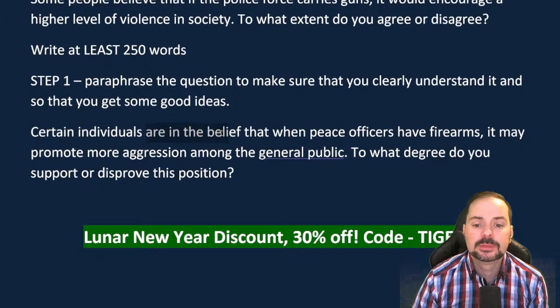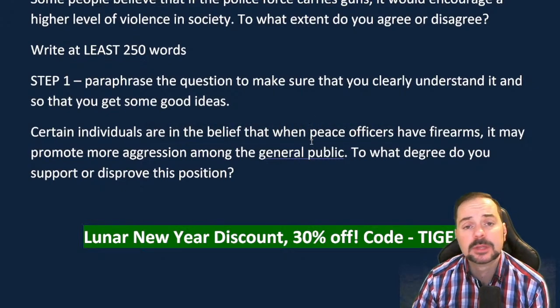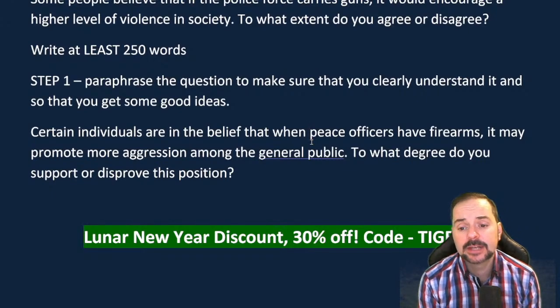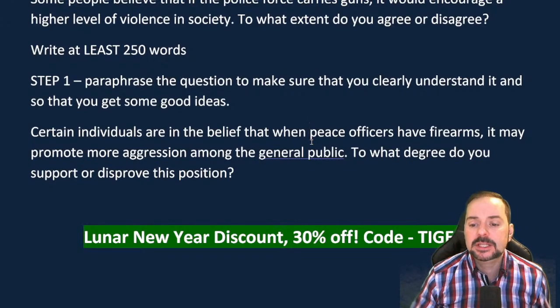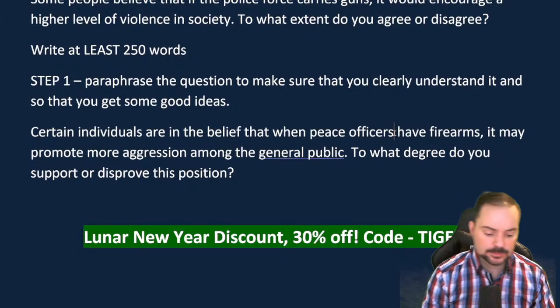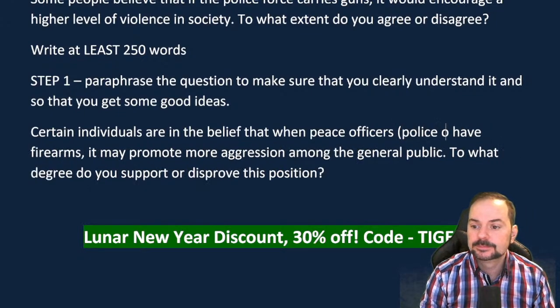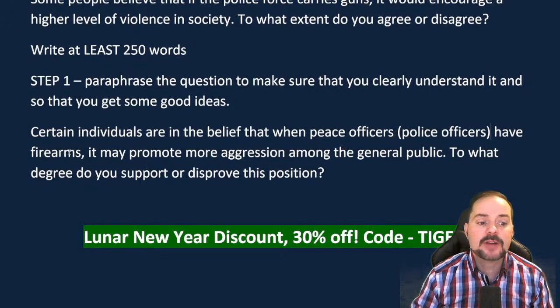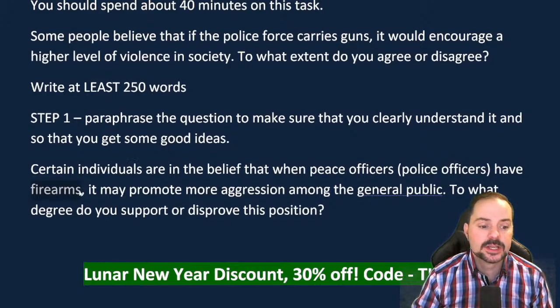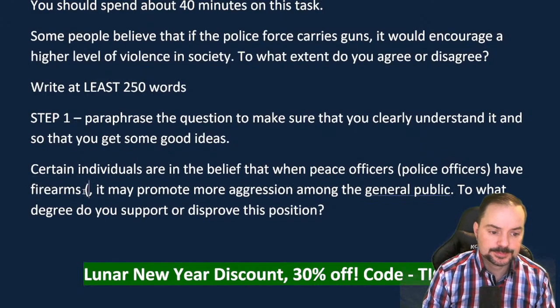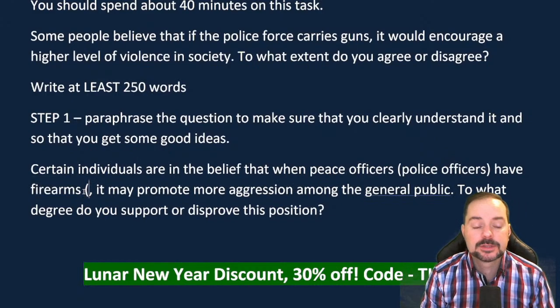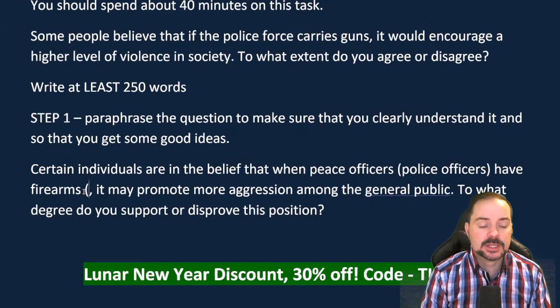are in the belief that when peace officers, okay, so another way to say police officers, at least in Canada, is peace officers, okay, have firearms. So another way to say guns is firearms, or sidearms, for example, pistols, because they usually carry pistols, not rifles or something, right?